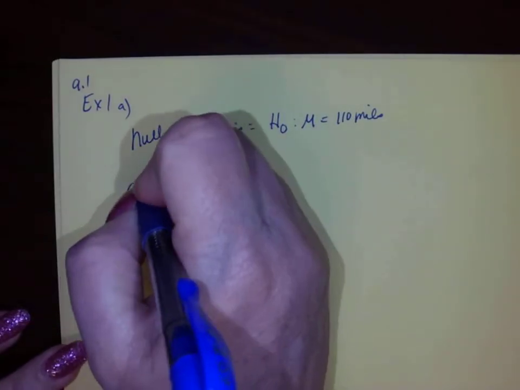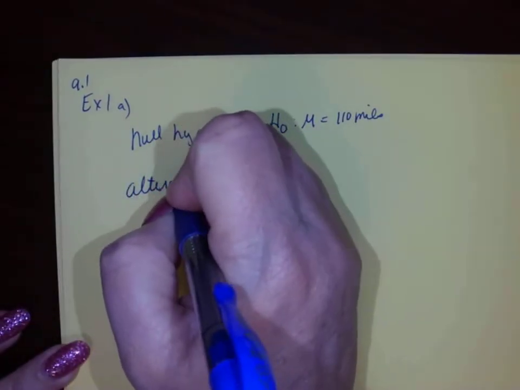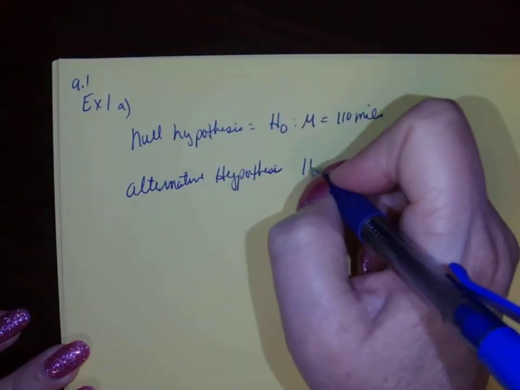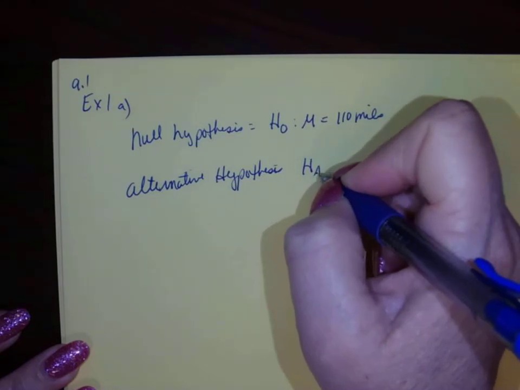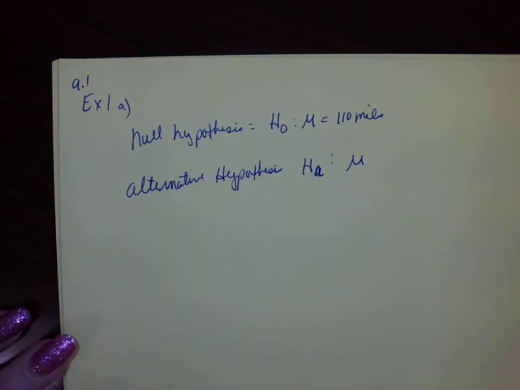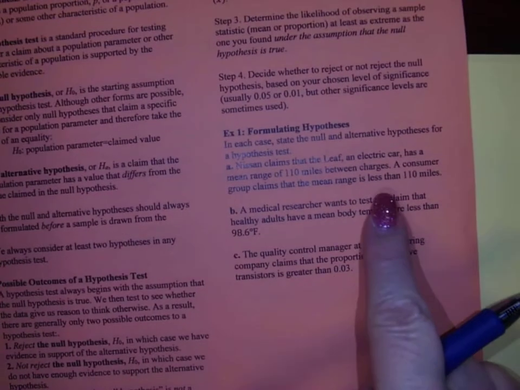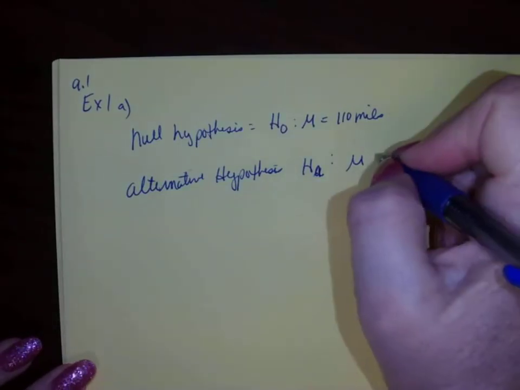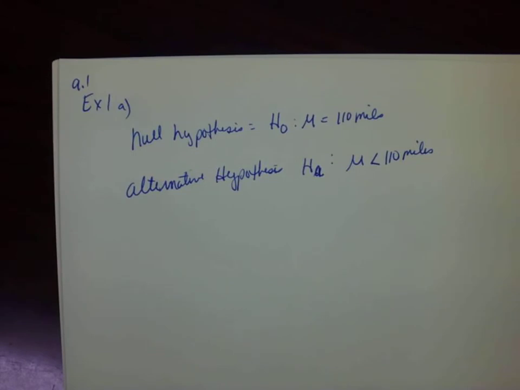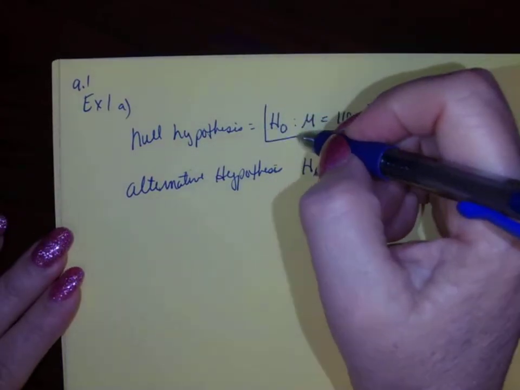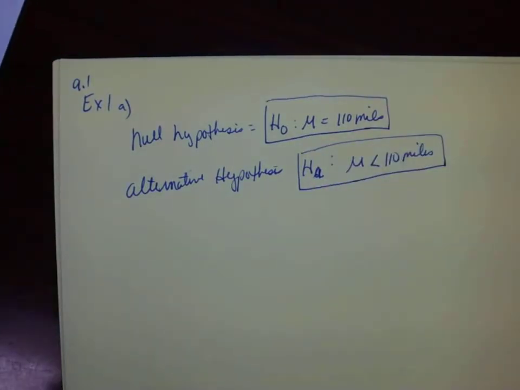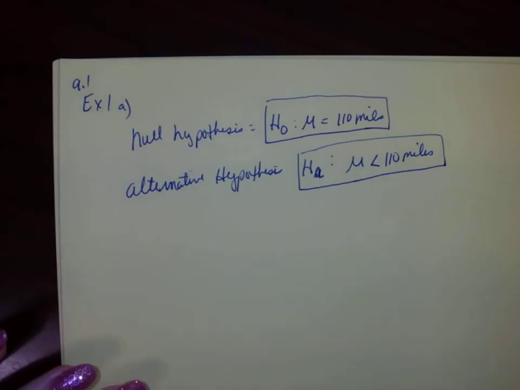Now the alternative hypothesis, H sub A, is mu less than 110 miles, because they said the Leaf was less than 110 miles. That's what the consumer group said. So these are your two hypotheses that you're stating. We're not proving them, we're not testing them, we're just figuring out how to write the hypothesis.